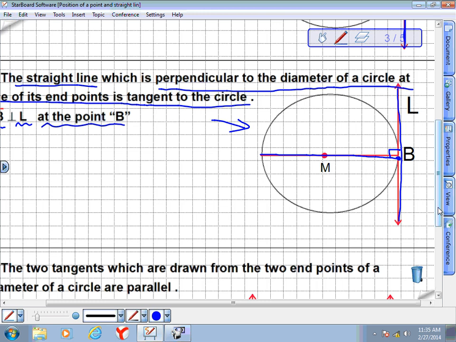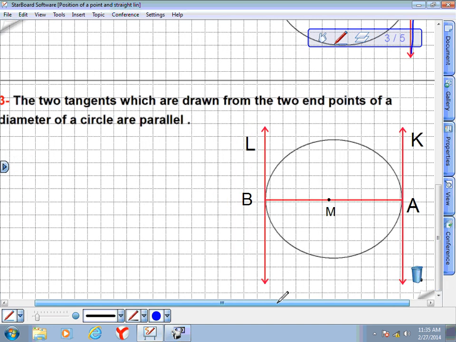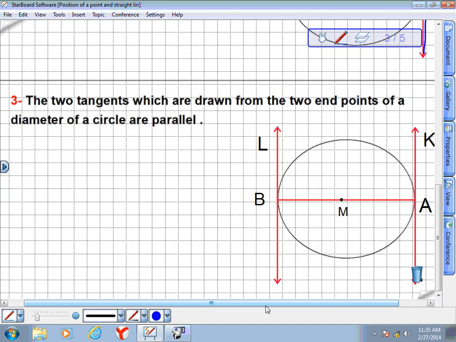The third fact we have in this lesson is that the two tangents which are drawn from the two endpoints of a diameter of a circle are parallel. In the second fact, we said that the straight line L is perpendicular to the diameter AB at the point B, which is one of the endpoints of the diameter.